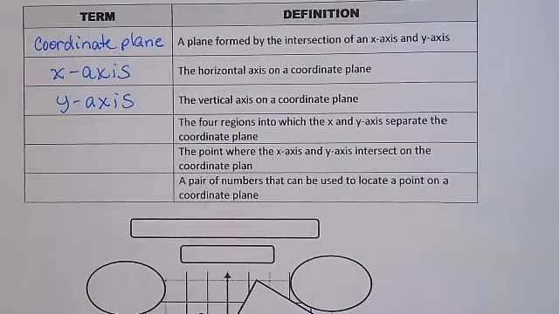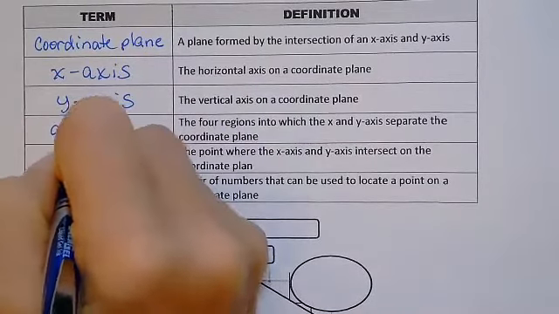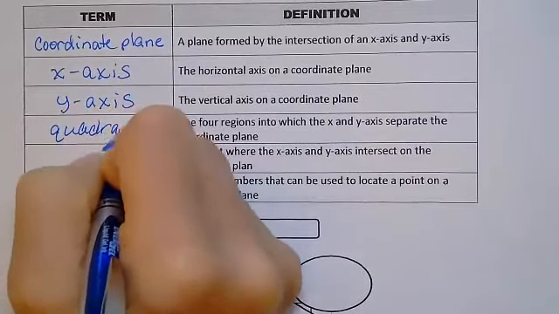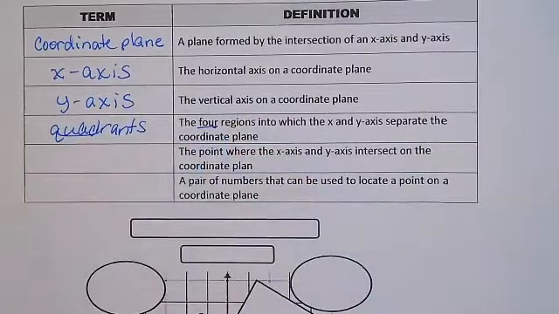The 4 regions into which the x-axis and y-axis separate the coordinate plane, those are called quadrants. Quad means 4 regions. The point where the x-axis and y-axis intersect on the coordinate plane.